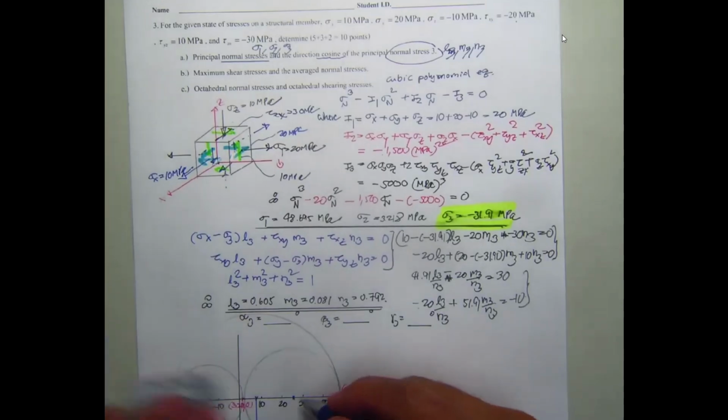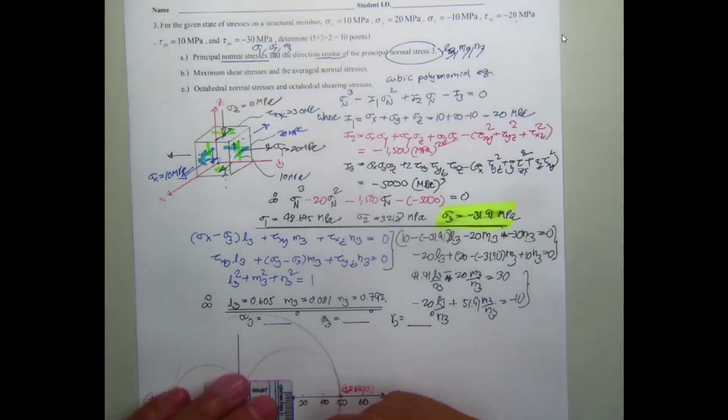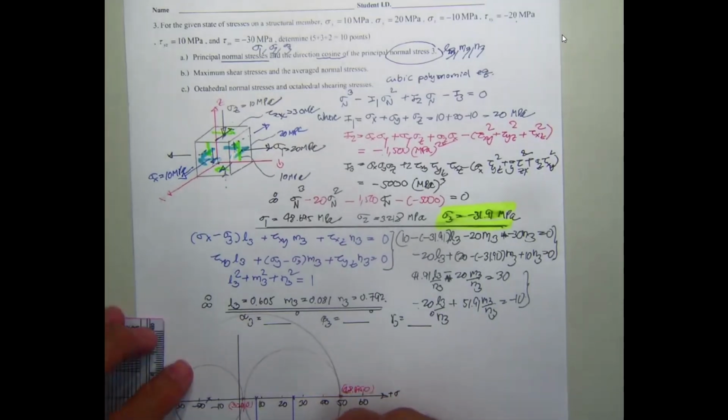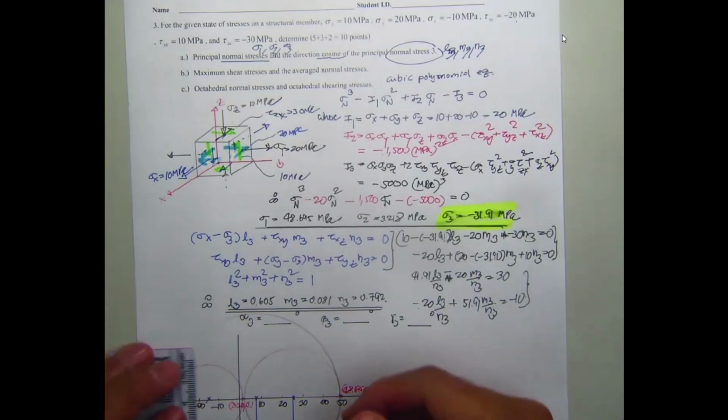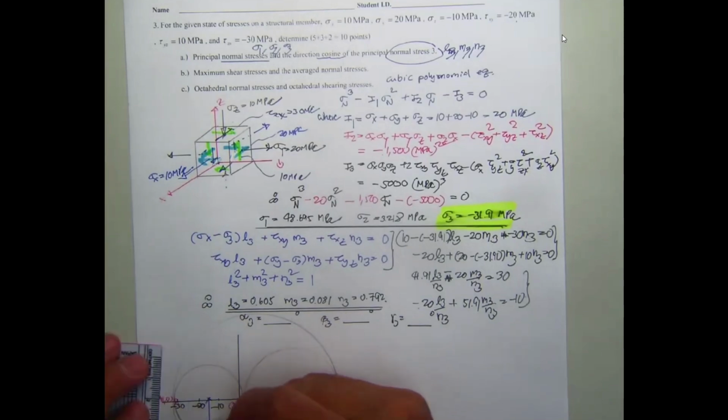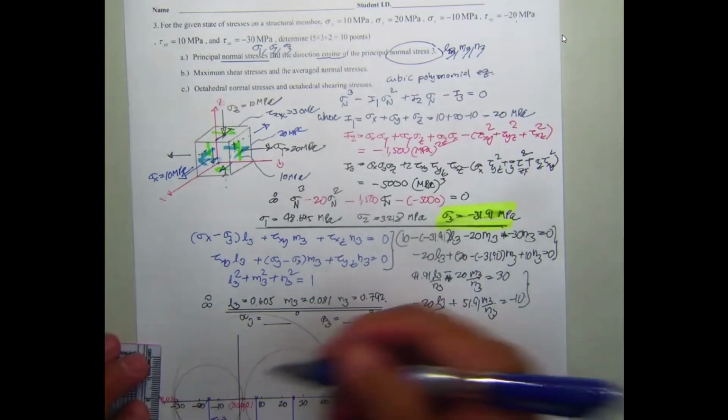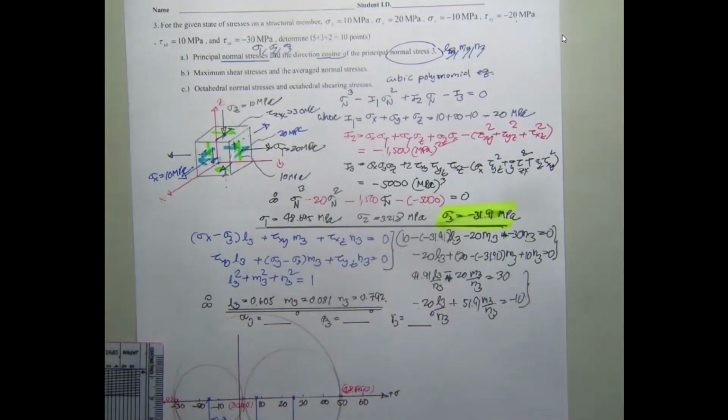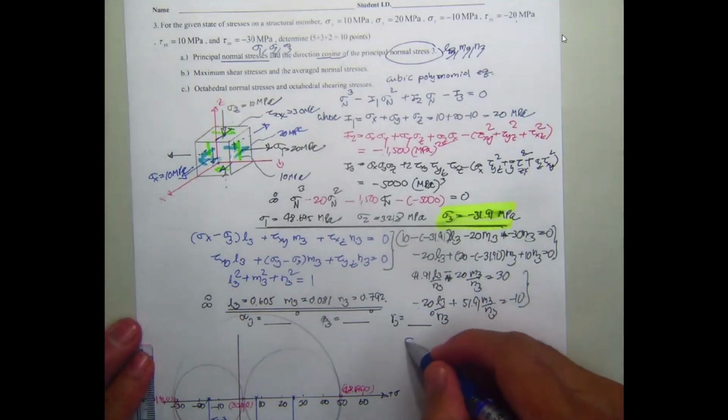And this is going to be tau of the 1, 2. And this is going to be tau of the 2, 3.